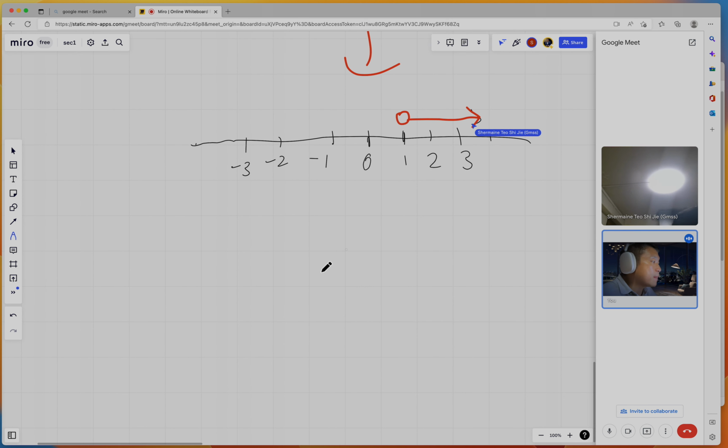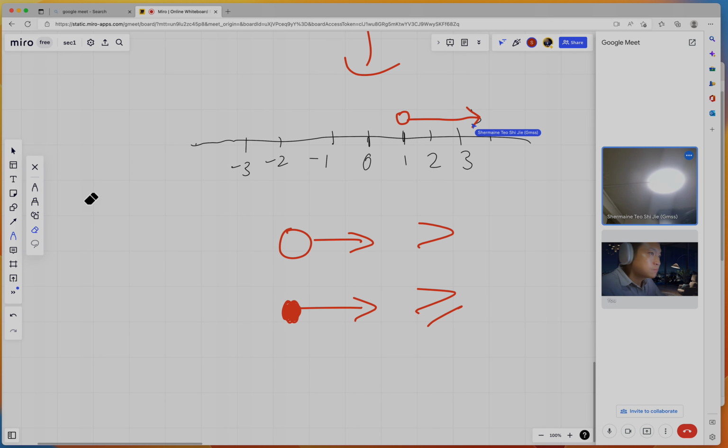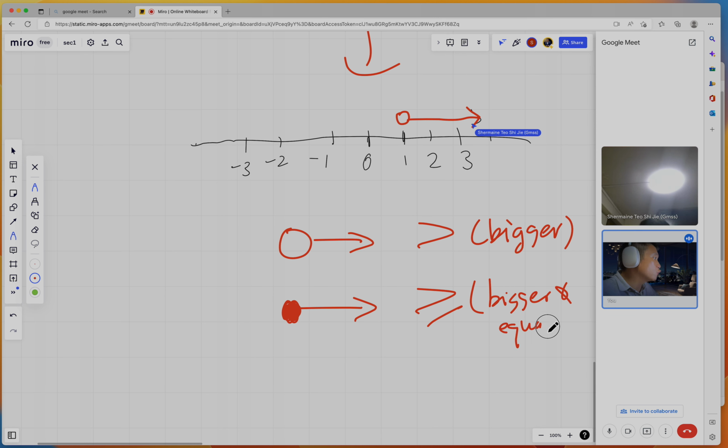So basically, what you need to remember next time is, this one is just bigger, then this one, a solid circle, means bigger and equal. So all you need to remember is if you have the equal sign, it's solid. If there is no equal sign, it's just hollow. Does it make sense? Okay, good.